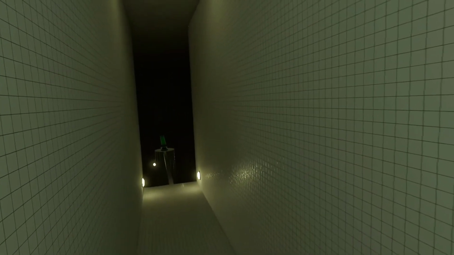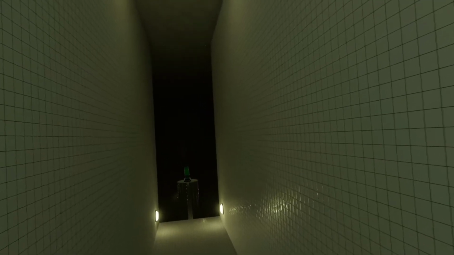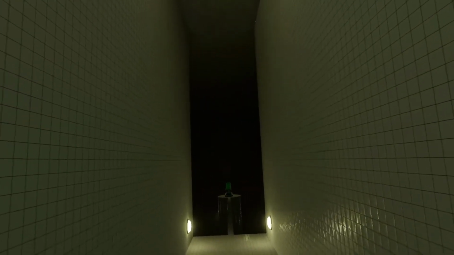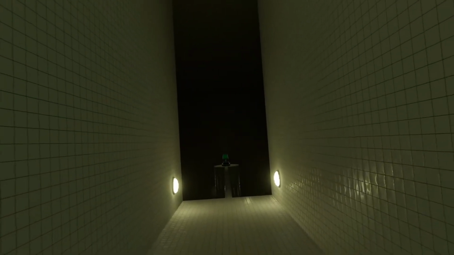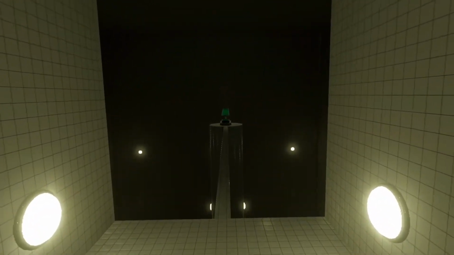Descending into the darkness, and yet another pit. Jesus.